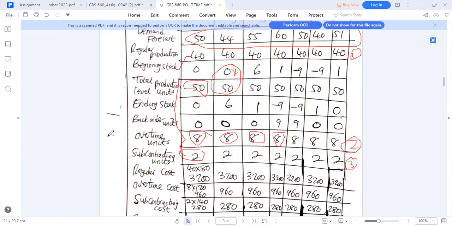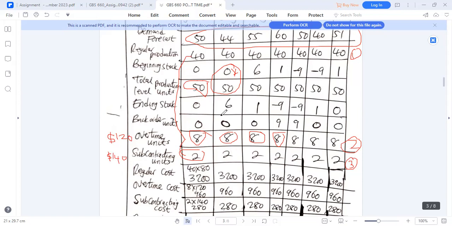And the reason why we have the 120 is because overtime is a cheaper way. Subcontracting was more expensive. That's why we subcontracted fewer than the overtime.